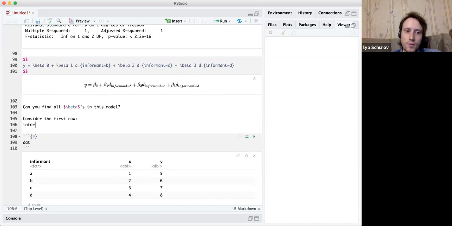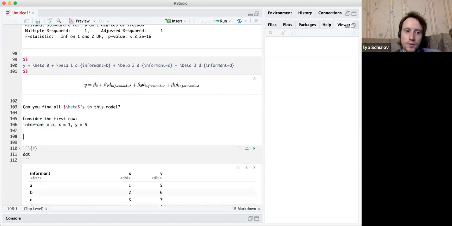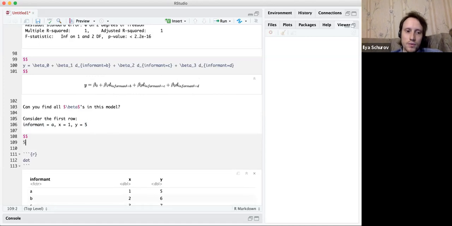So we have informant A, x equals 1, y equals 5. Let us put this information into this equation. What will I have? So y equals 5. Then I have beta naught plus what?